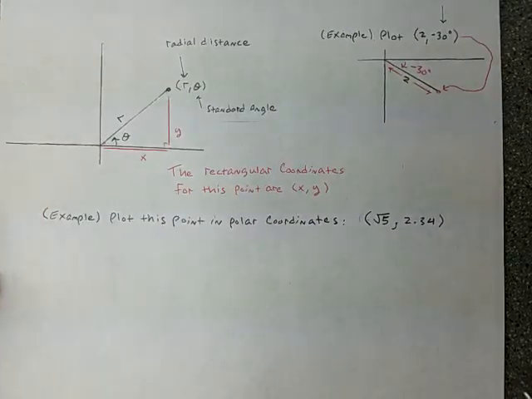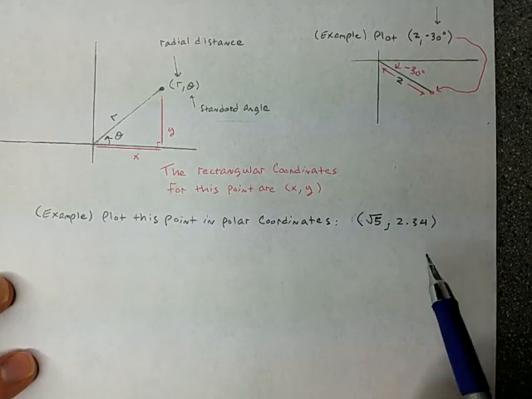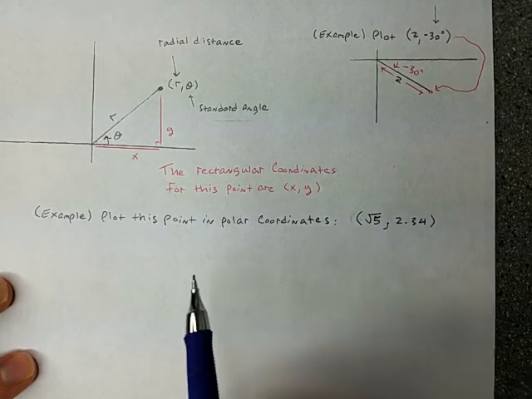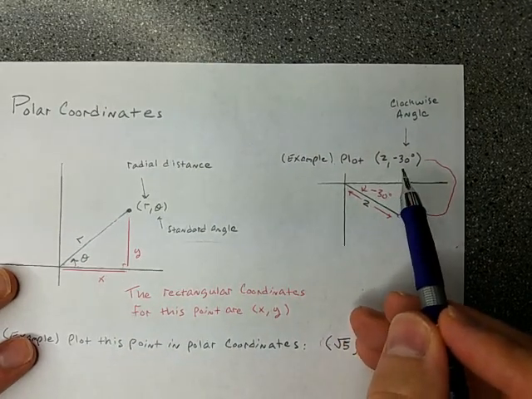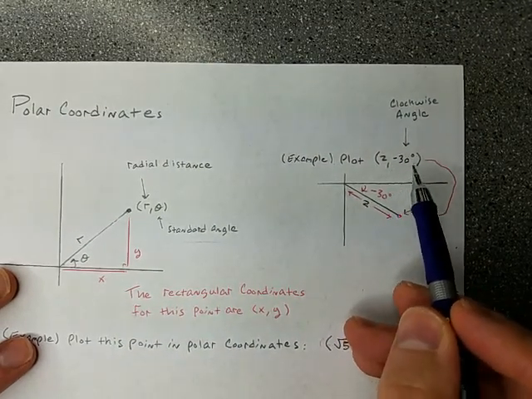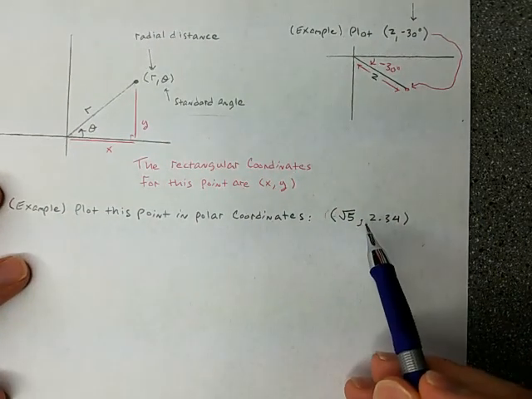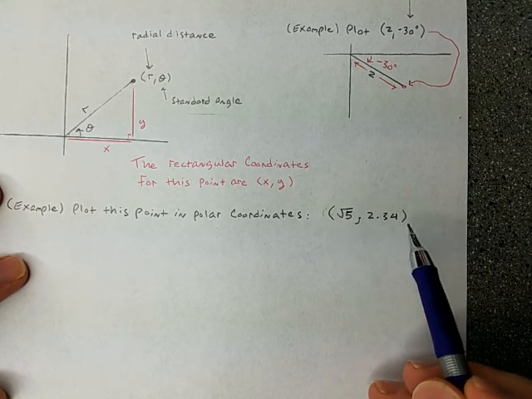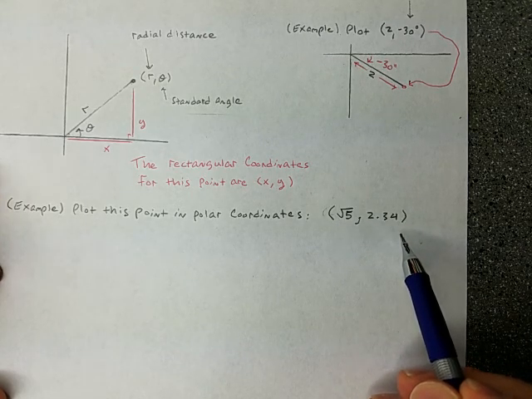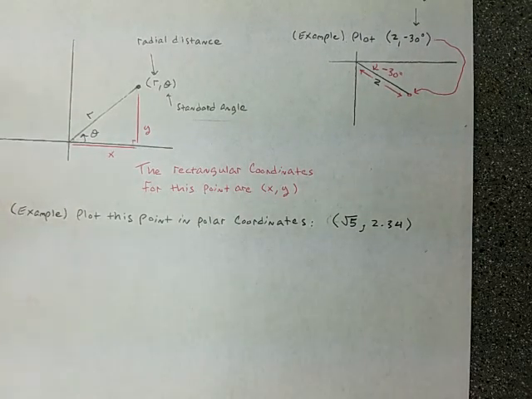Let's look at a few other examples then. Can you plot this point in polar coordinates? Unless I give you a unit for the angle, like 30 degrees, you don't know that it's an angle. If I gave you two numbers separated by a comma within a set of parentheses, you don't know if it's rectangular or polar unless I tell you.